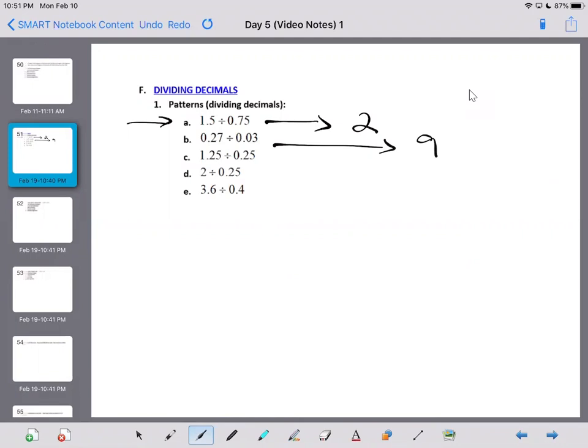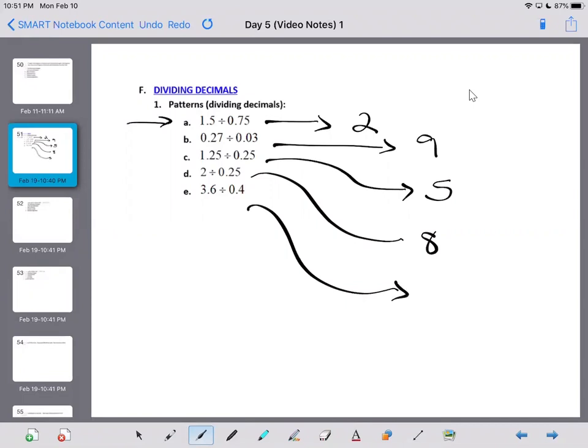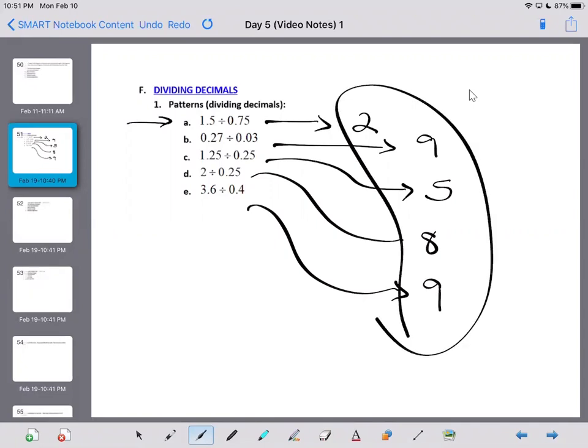How many 25 cents will fit into $1.25? That'd be 5. How many 25 cents or quarters will fit into $2? Well, that'll be 8. And how many 4/10 will fit into 3 6/10? And that would be 9 times. If you'll notice, look at all the results. They're larger. They're larger than what you started with.